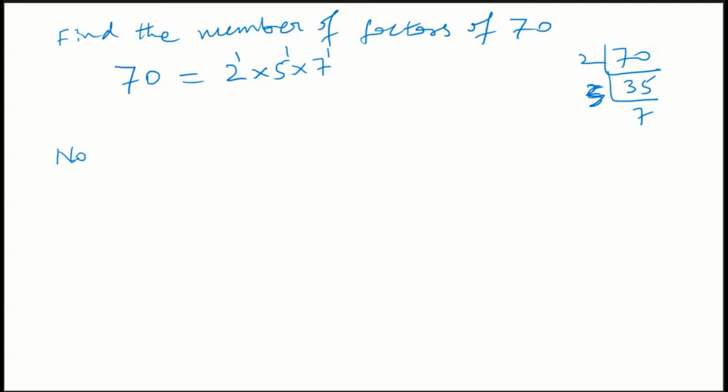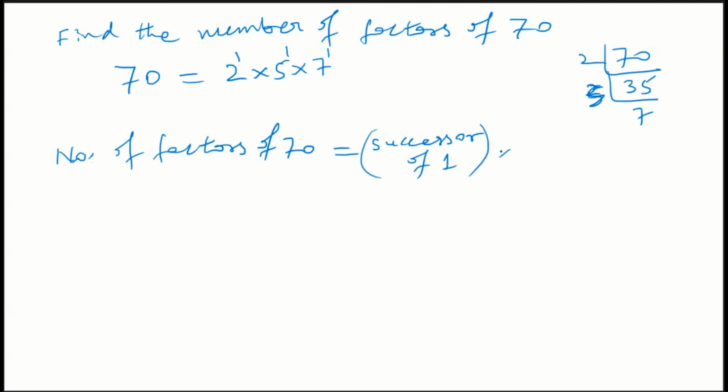And the number of factors of 70 will be successor of 1 into successor of 1, where the power of 5, into successor of 1, where the power of 7.